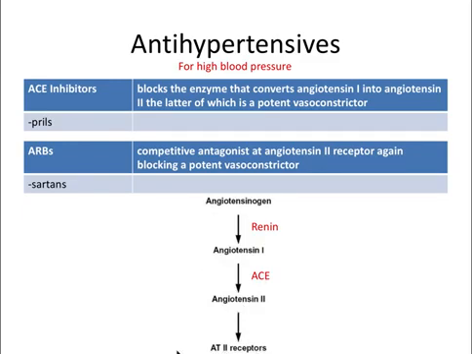Because remember, this whole system is a homeostatic system that responds to a drop in blood pressure. So angiotensin 2, when it's active, is going to cause vasoconstriction, which is increasing that peripheral resistance. It's going to increase that blood pressure.